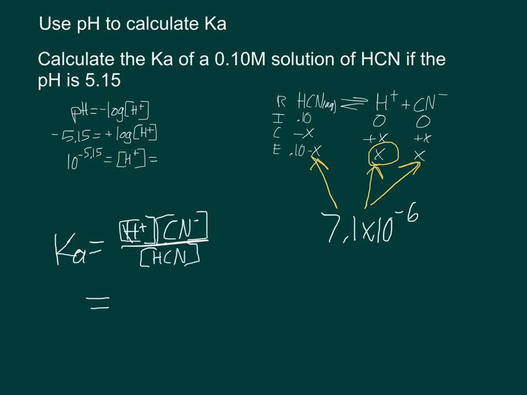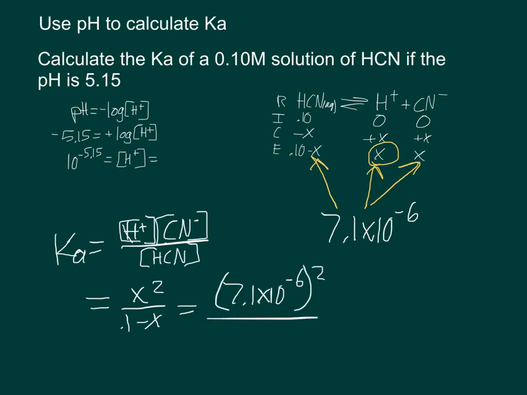That therefore is going to be x squared over 0.1 minus x, which in this case is going to be 7.1 times 10 to the negative 6th squared, divided by 0.1 minus 7.1 times 10 to the negative 6th.